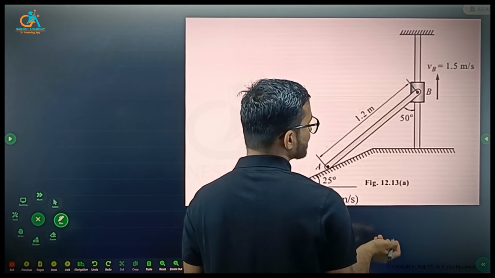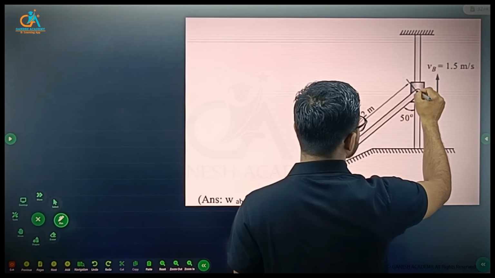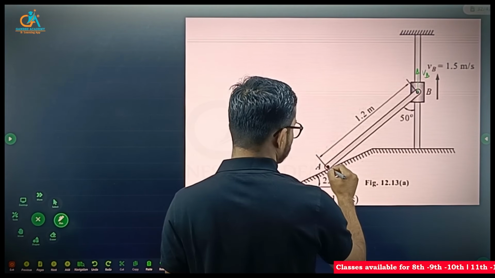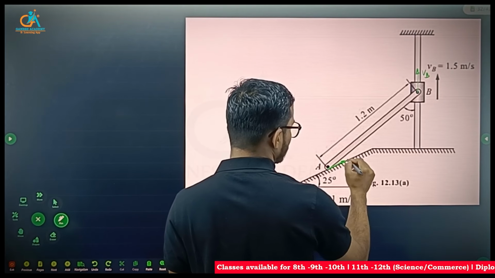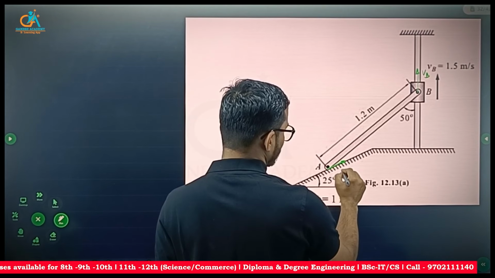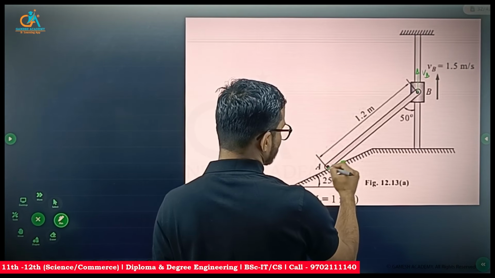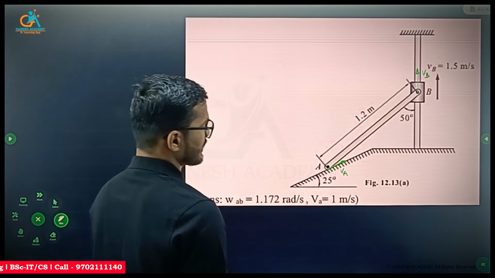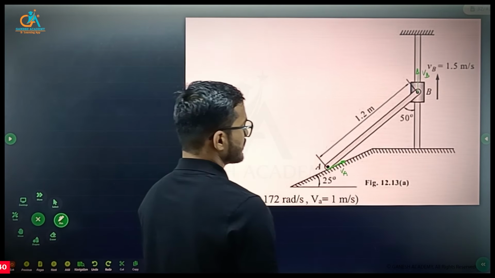First, to locate the instantaneous center of rotation, this is the velocity at point B. And obviously A will slide along the sloping plane, so the direction of velocity of A is along the plane, 25 degrees with the horizontal.